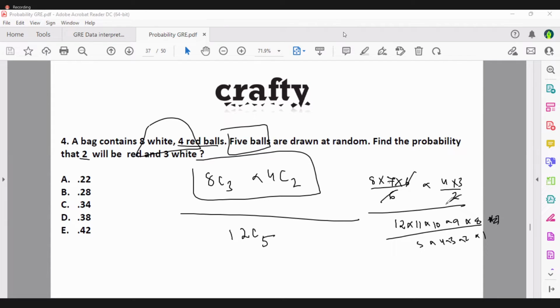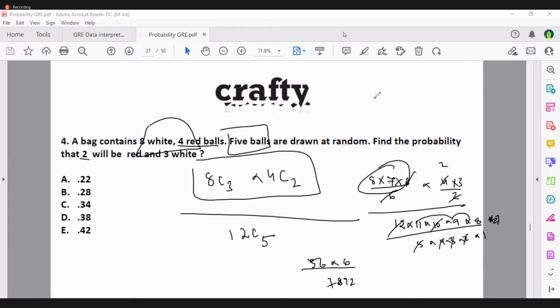So this gets cancelled, this gets cancelled. 5 times 2 would be 10, 4 times 3 would be 12. So here we have 56 times 6, all over 10 times 11 times 9 times 8, 72, which is 792.